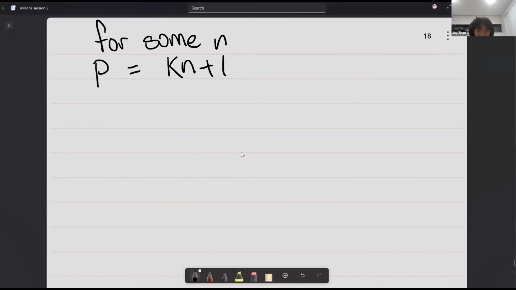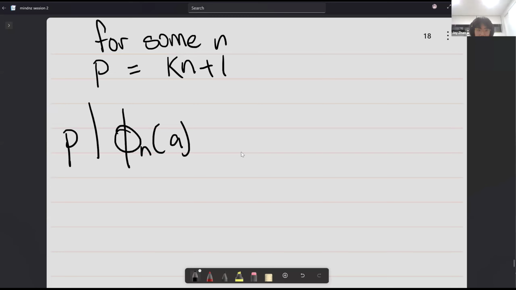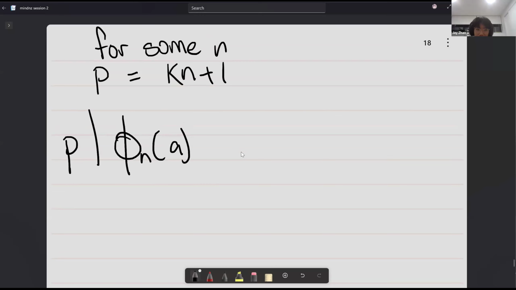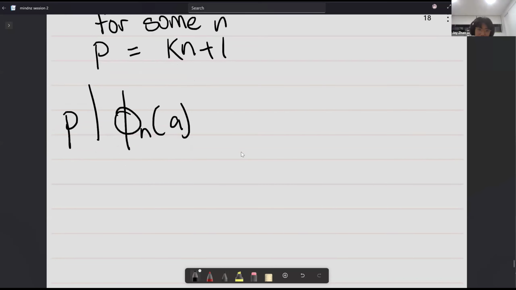So we know that if some prime p divides the nth cyclotomic polynomial of a, then the order of a is equal to n.